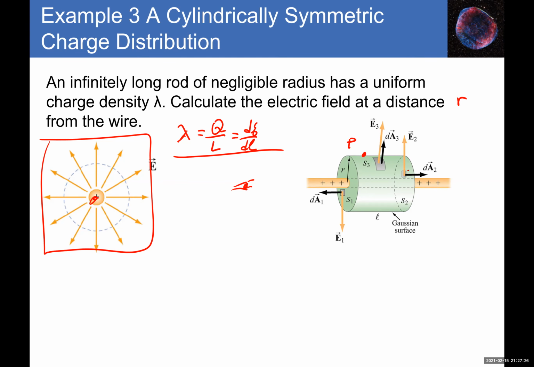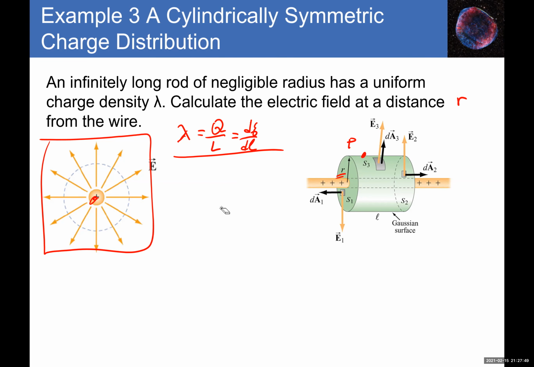But I choose that cylinder such that when I'm looking at the size r, it extends all the way to that point of interest, point P. So that's why when I calculate the electric field on the surface of that cylinder, I'm basically calculating the electric field at that point of interest.